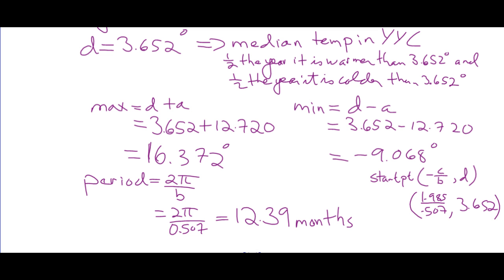So what's 1.985 divided by 0.507? 3.915. What month is 3.915? And where in the month? So which month and where in the month? Yeah, near the end of March.